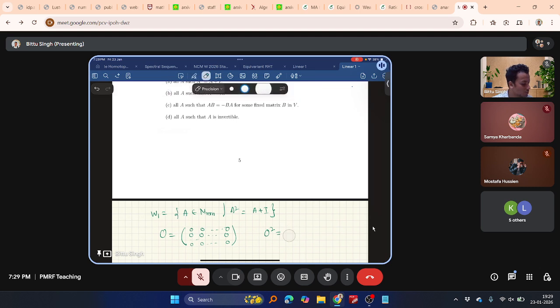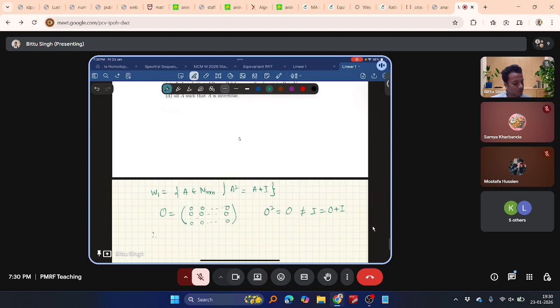So 0 square is 0, which is not the same as the identity. From here it is clear that 0 does not belong to W1. Therefore, W1 is not a subspace.